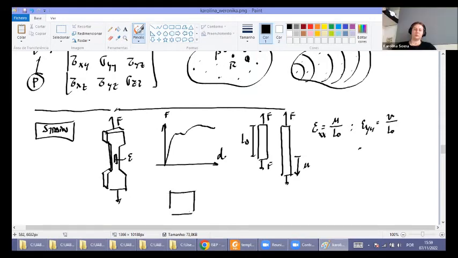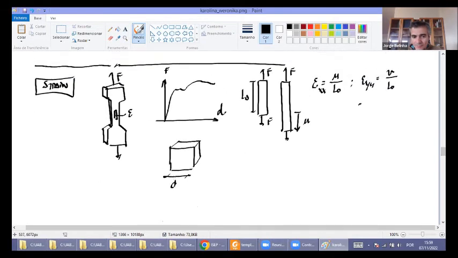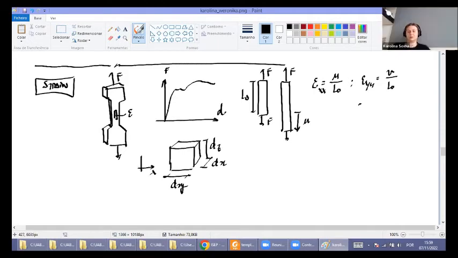For example, imagine that you have an infinitely small cube, which has dimensions dx, dy, and dz, along x, y, and z. And you apply a force in direction x. Direction x is this one.